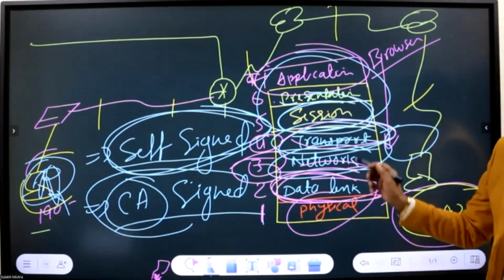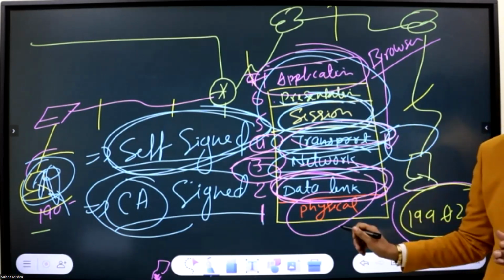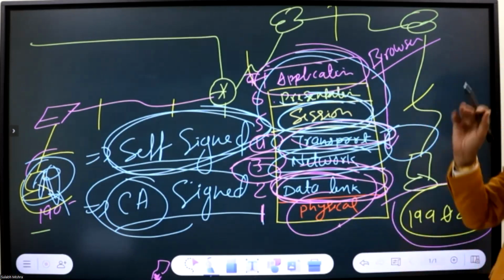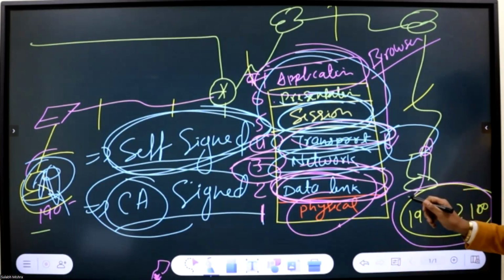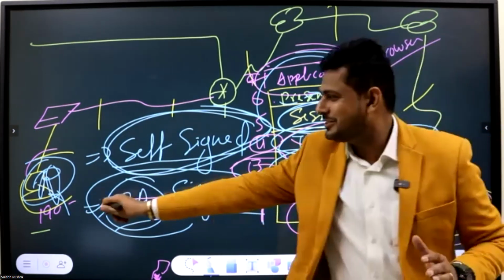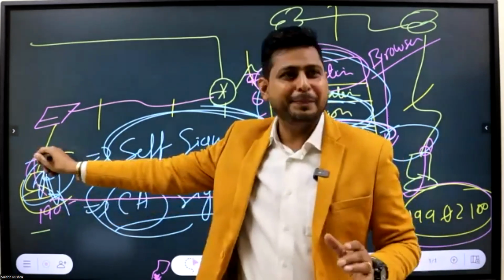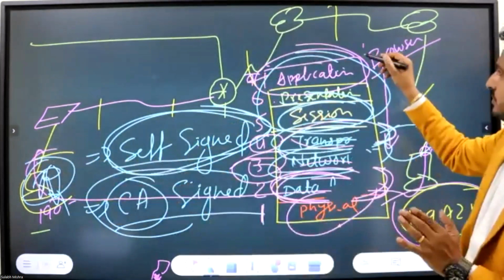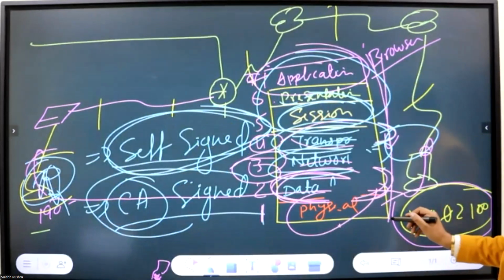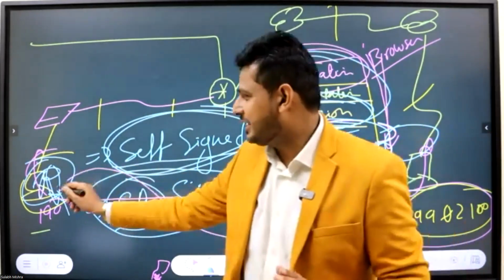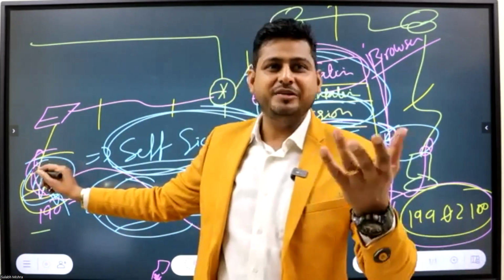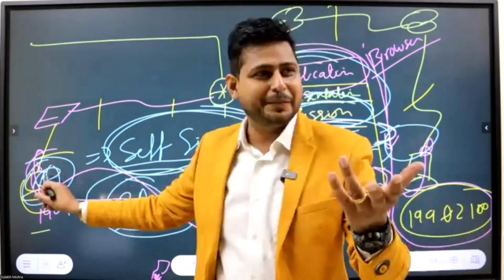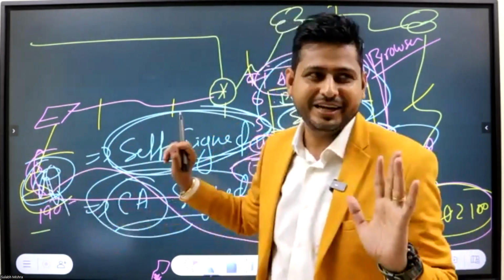Physical layer means from the browser to your cable, then cable to the application, Facebook. Under the application layer, it will decrypt, session and all those things will happen again.